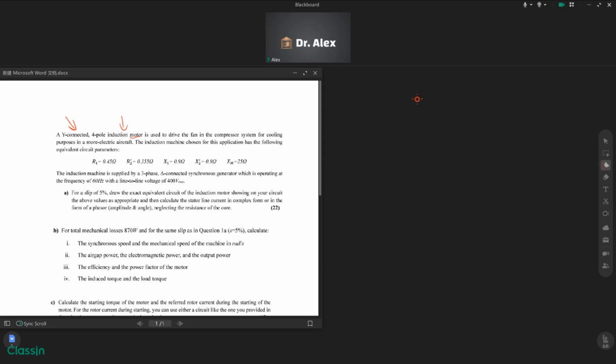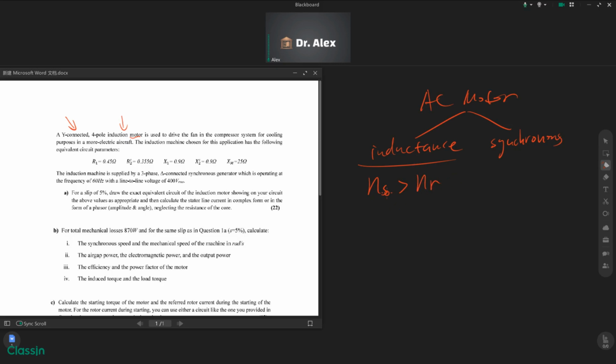As we all know, for the AC motor, there are basically two types of motor. The first one is an induction motor. The second one is a synchronous motor. For the induction motor, the speed of the stator field is larger than the speed of the rotor.